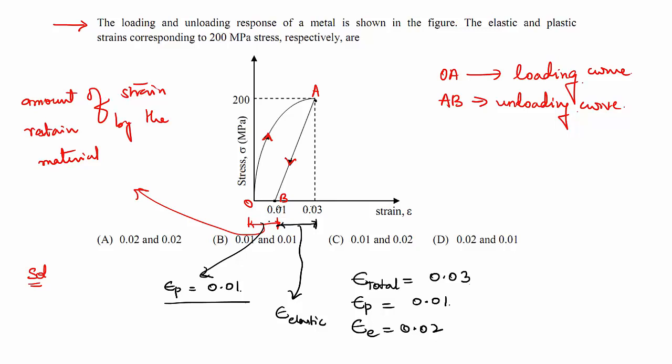So when there is no load, the deformation is 0.01, which is the retained deformation, that is epsilon P, the plastic deformation. The other segment will be the elastic deformation, which is 0.02. So the elastic and plastic deformations are 0.02 and 0.01. That is option D. This is the end of the question.